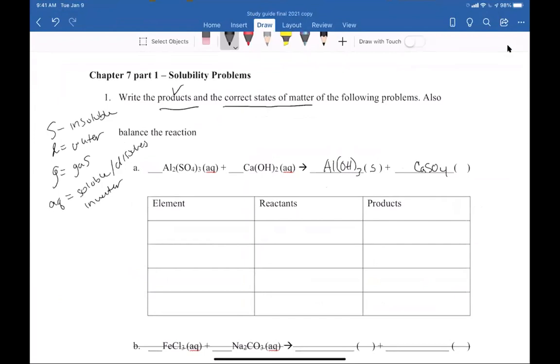In this case, it contains Ca. So it doesn't dissolve in water, so that means it's insoluble, so it's a solid. And that is your correct states of matter. Questions so far?